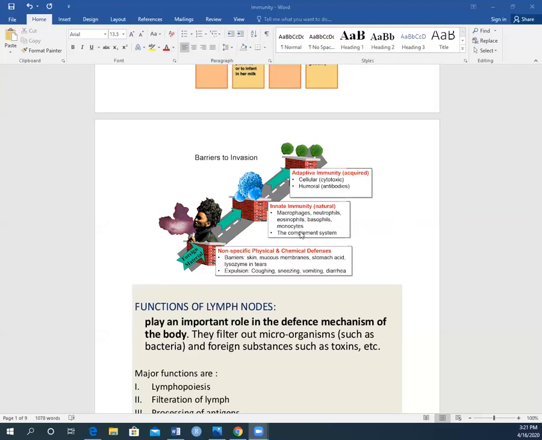This also involves the complement system as well. Then moving up the road in this illustration, you have adaptive immunity. This is going to be your acquired immunity. So this is going to be the cellular immunity, which involves your T cells, and your humoral immunity, which is going to be the production of antibodies from your B cells.